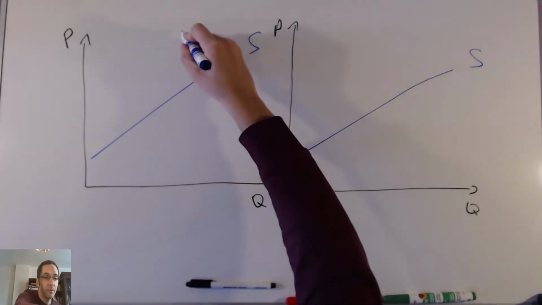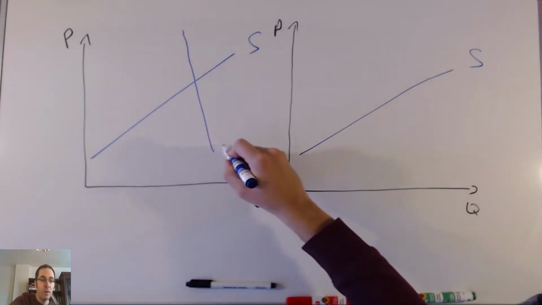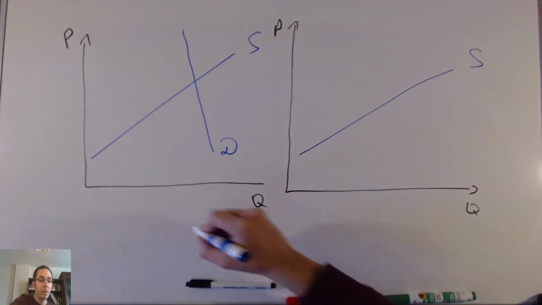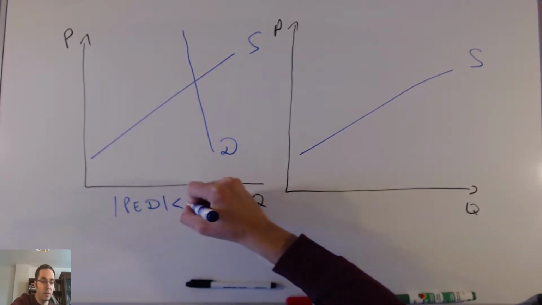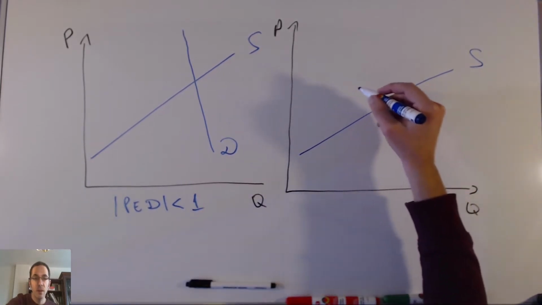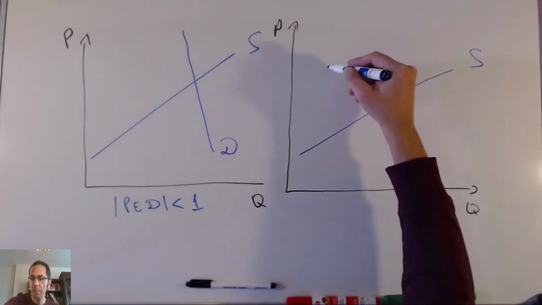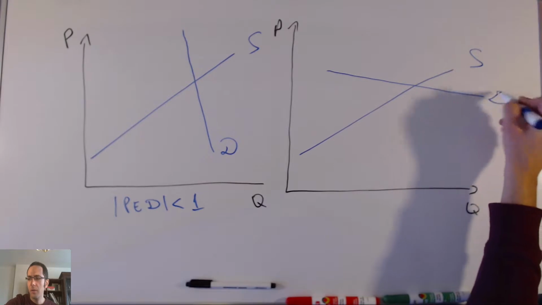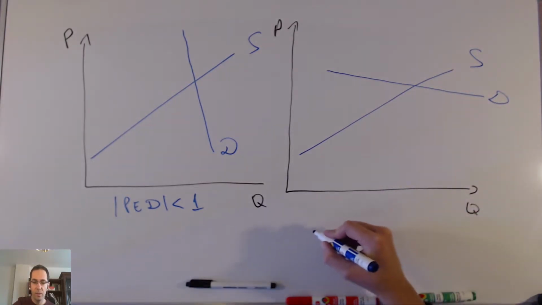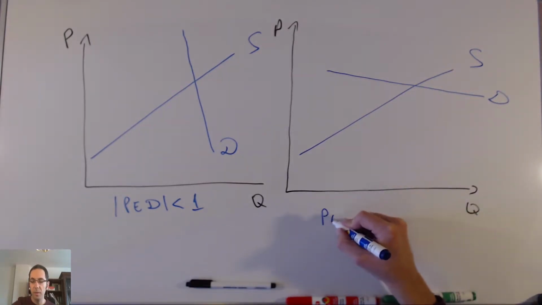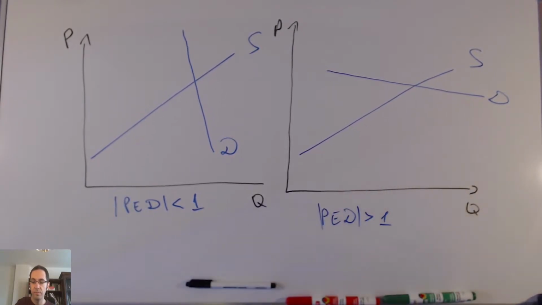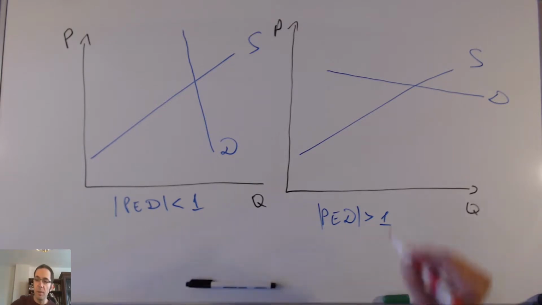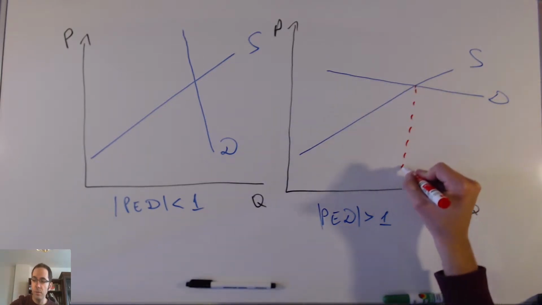And over here I'm going to have inelastic price elasticity of demand, so PED would be less than 1, and over here I'll be having elastic price elasticity of demand, so PED would be greater than 1. Let's mark the equilibrium points in each situation.